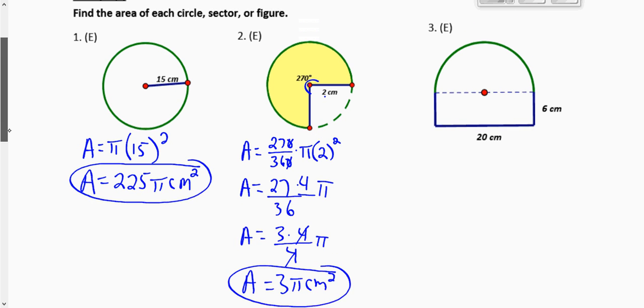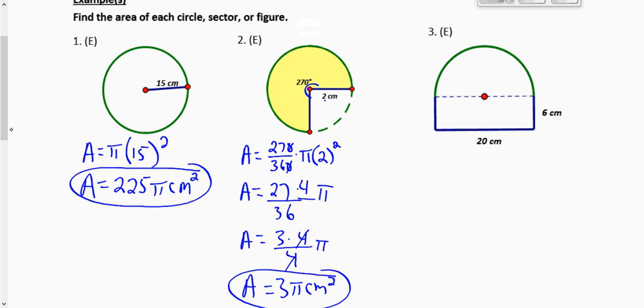And in the last one, we have a semicircle and we have a rectangle. Rectangle is pretty easy to figure out. The 20 times 6, right? But the circle, well, that's 20, so that means each of these radii are 10. Okay? So a circle, that's 180 over 360, right? Or 1/2.